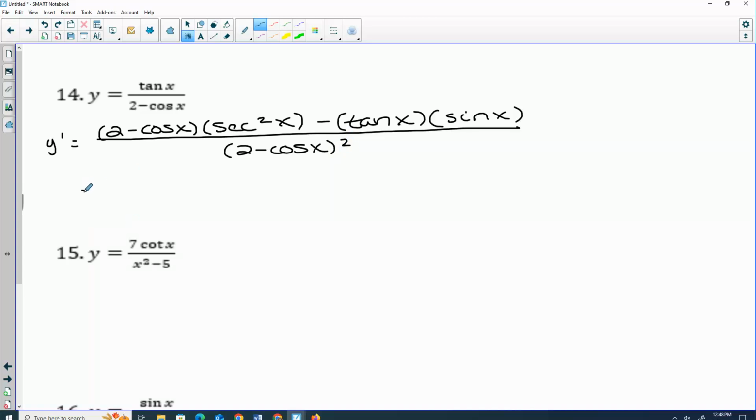As far as simplifying this, you could get into trig identities if you wanted. At the very least, we need to distribute, so we get 2 secant squared x minus, I did simplify a little bit on mine, I'll show you in a second.